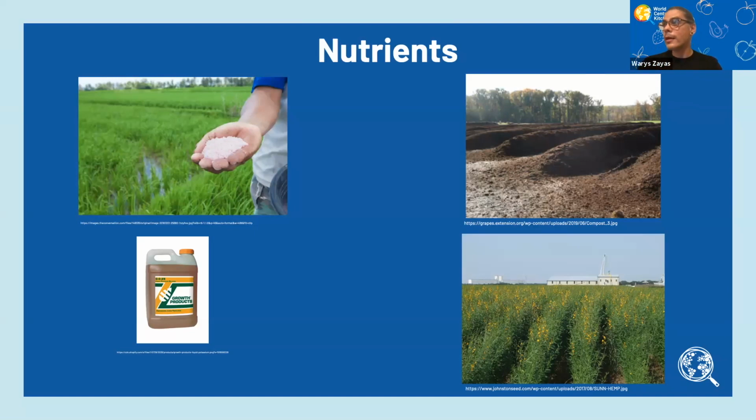More specifically, one of the most reliable sources of nutrients and organic matter is compost. As you see in the upper picture on the right side, those are some piles of compost, and we will be talking in one of our next webinars about compost, how to make it, and how to ensure a good quality of compost.